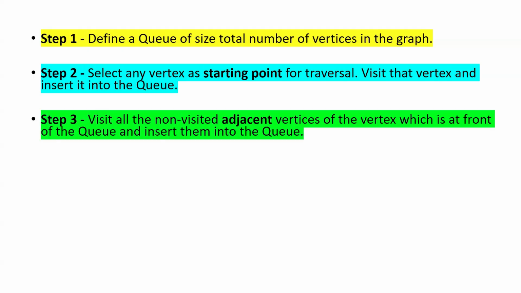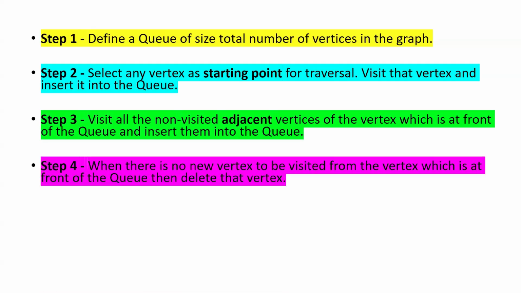Step three: visit all the non-visited adjacent vertices of the vertex which is at the front of the queue and insert them into the queue, right? So check the vertex at the front of the queue. For each adjacent vertex that has not been visited, make it as visited and enqueue it to explore later.